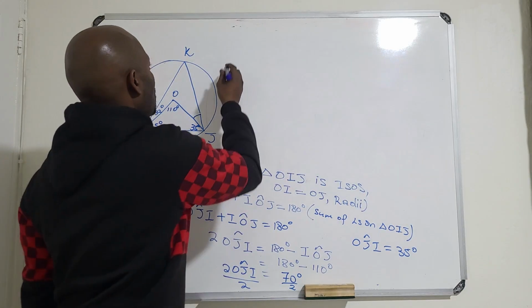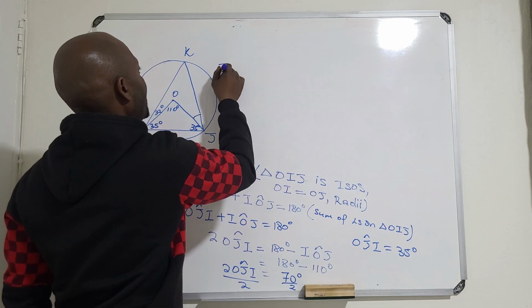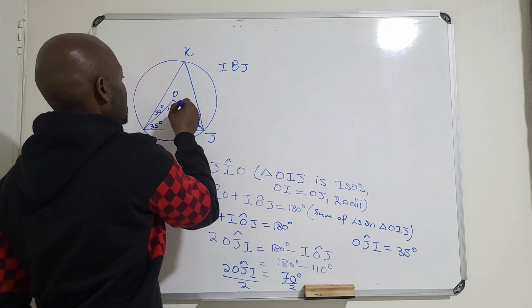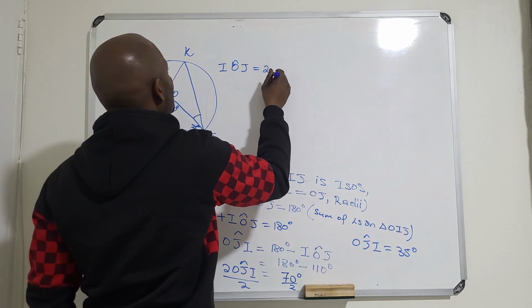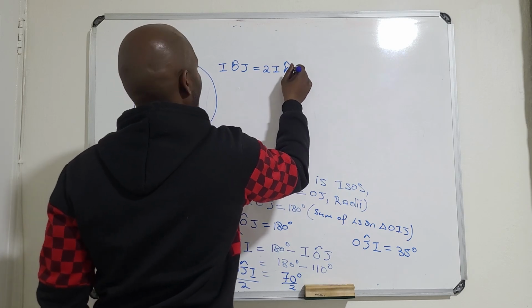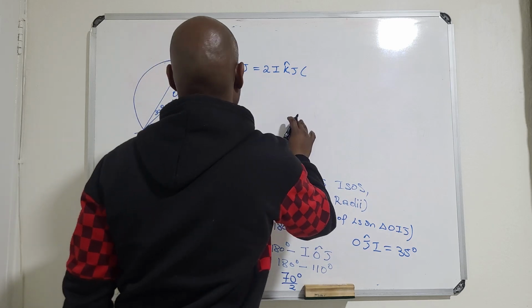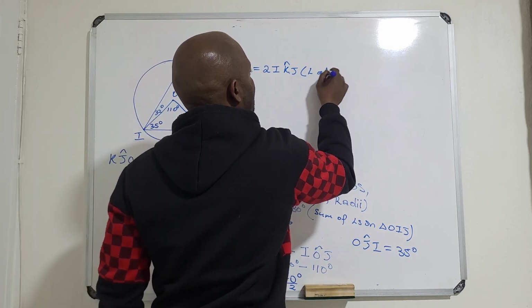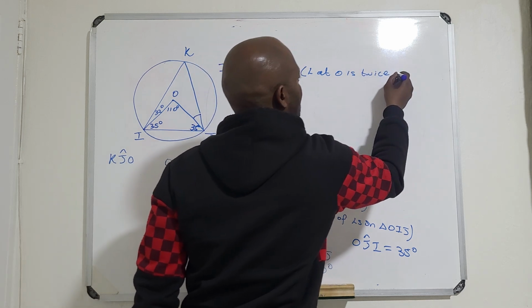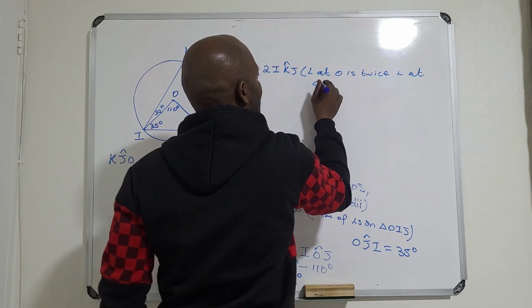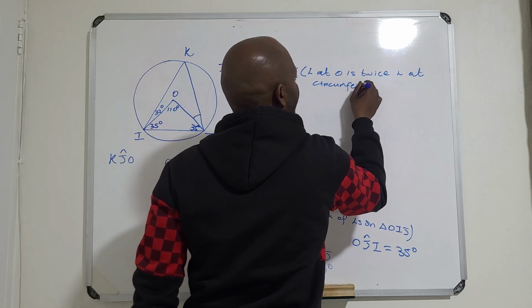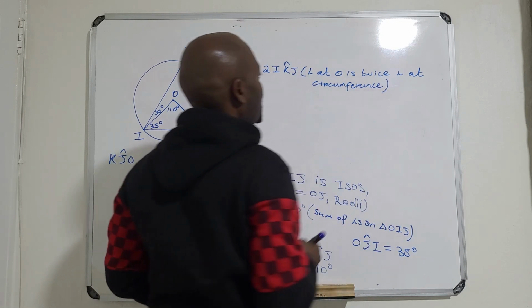Therefore, since we know that angle IOJ, which is this, is equal to 2 times angle IKJ, reason: angle at center is twice angle at circumference.